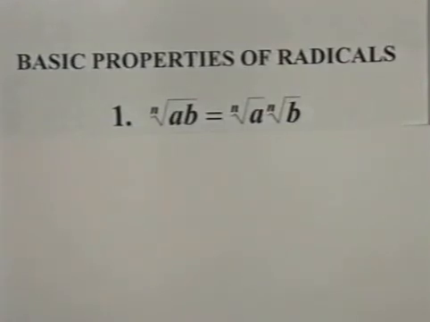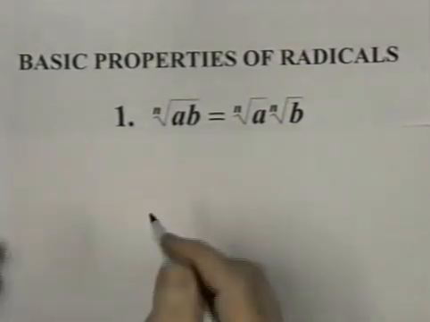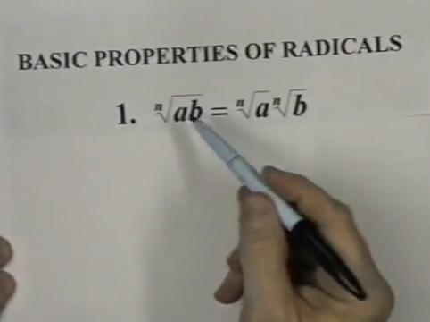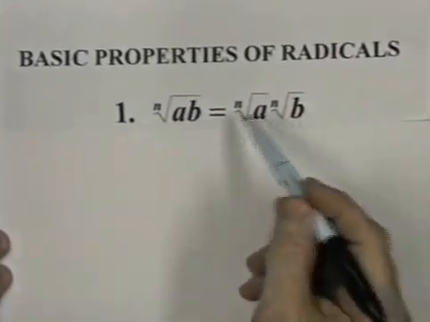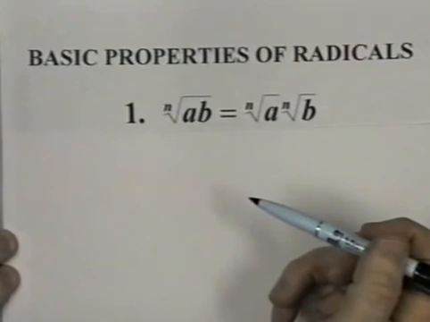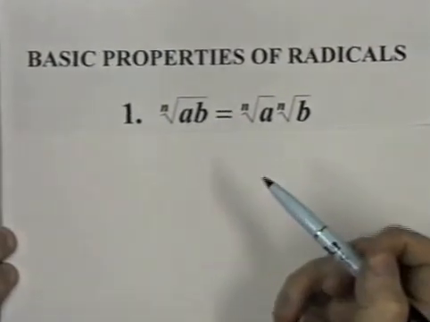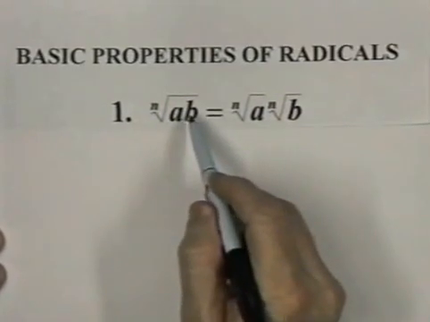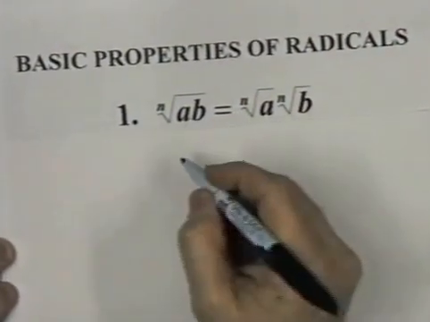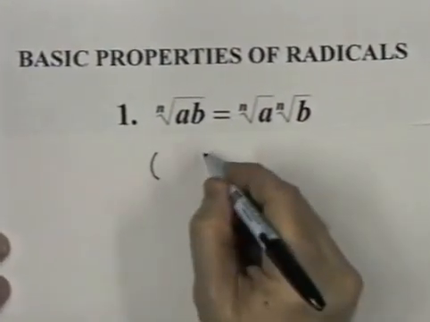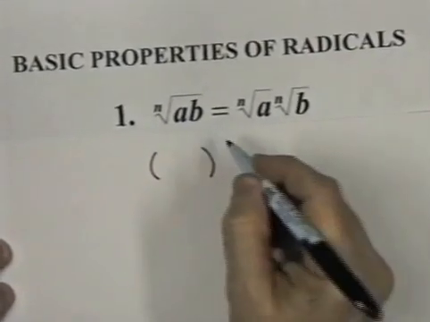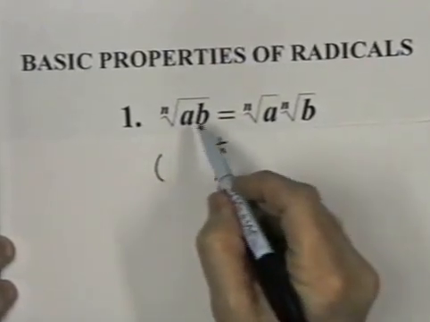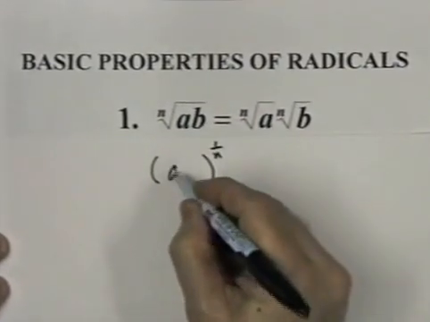And this is not hard to justify even with our study of rational exponents. We can see that this is nothing more than a version of one of the properties of exponents, because remember what the nth root of AB here means. You can always take the nth root radical and change it to quantity to the 1 over n, and whatever's in the radicand becomes your base.